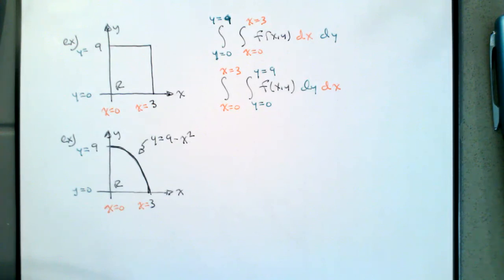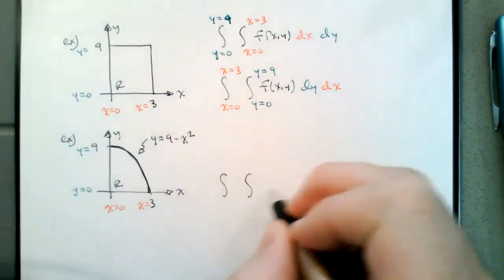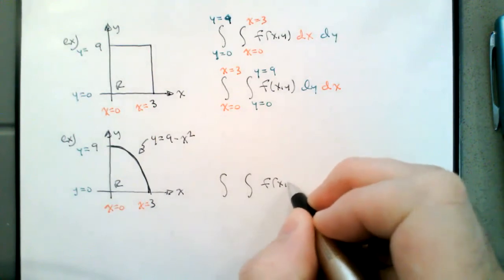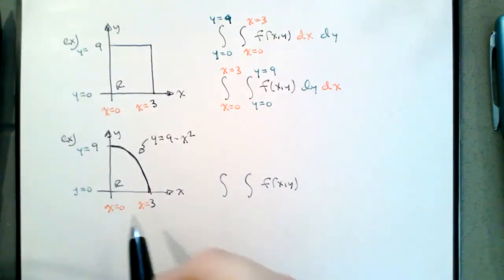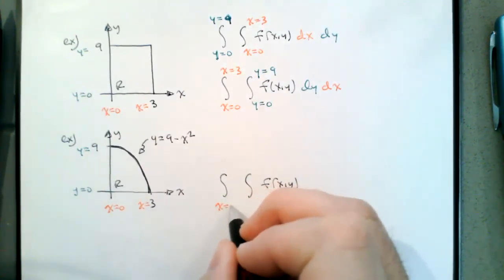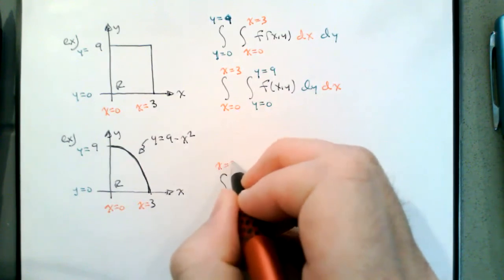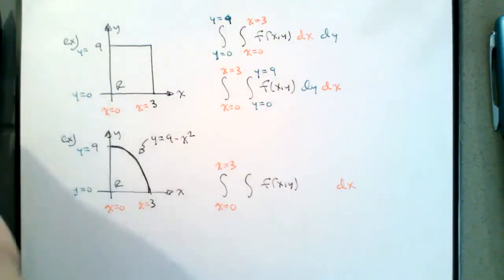My last integral has to be constants. So I'm going to start with the easier one first. I'm going to say my x's go between 0 and 3. So I'm integrating dy dx in this case.